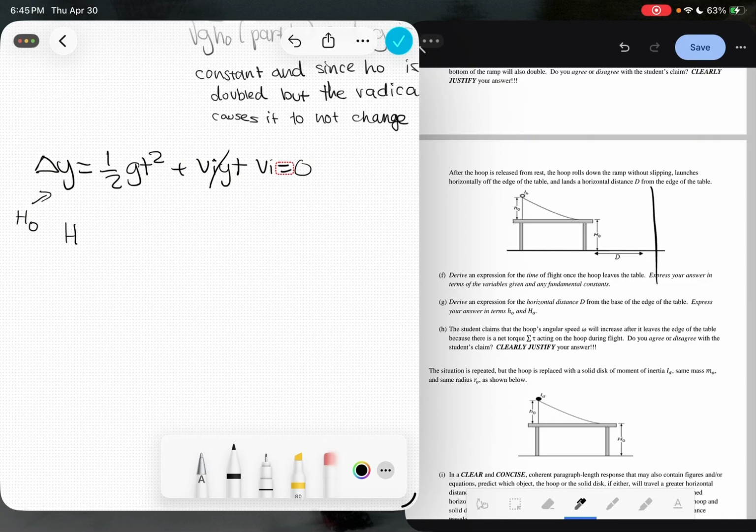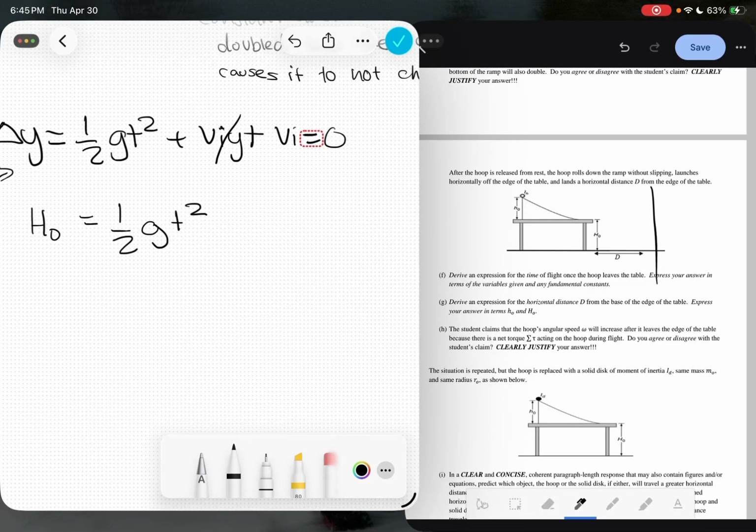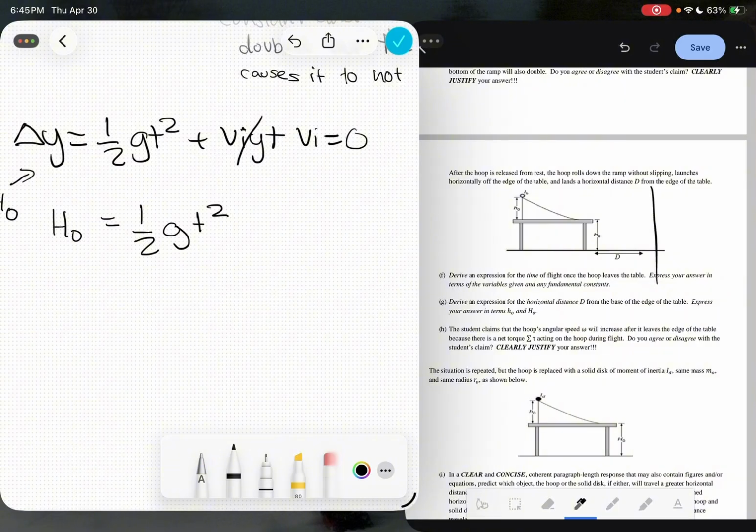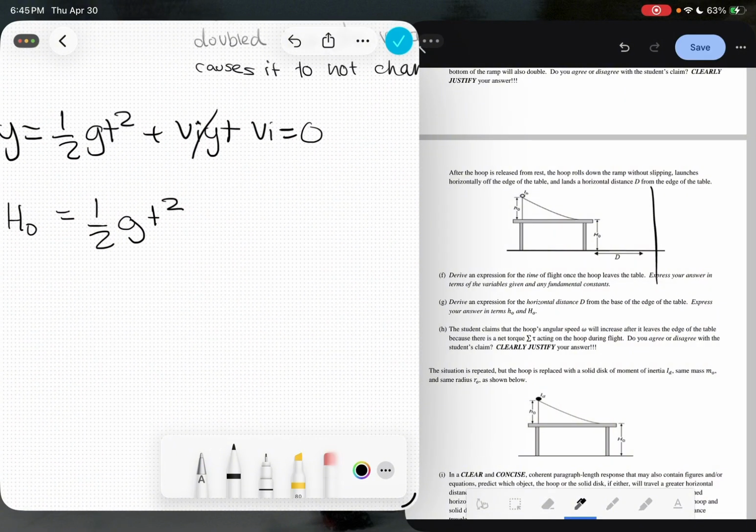So H naught equals 1/2 gt squared, and I'm just gonna do algebra to isolate for t.